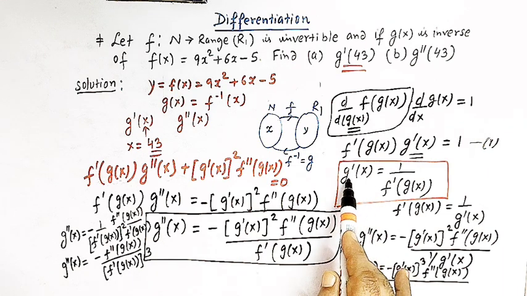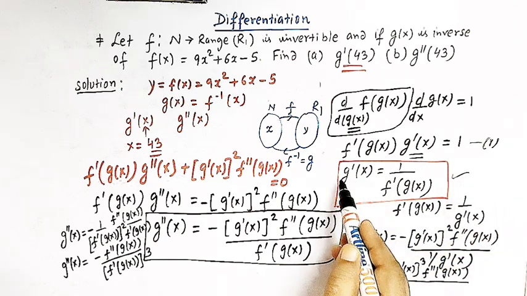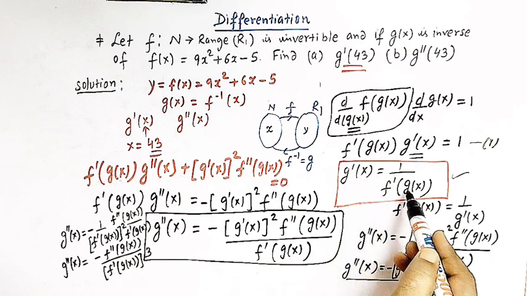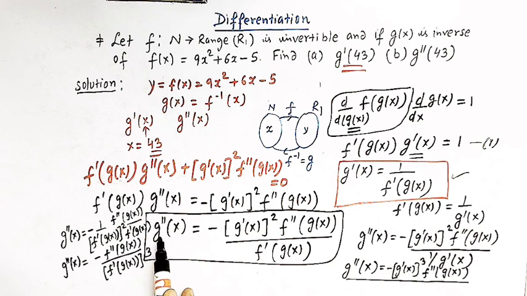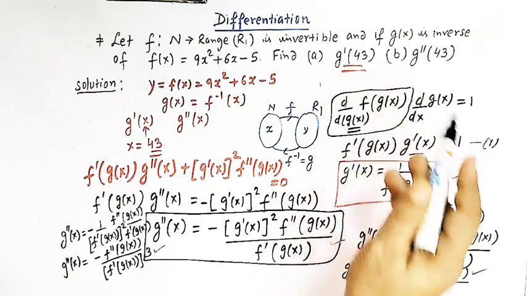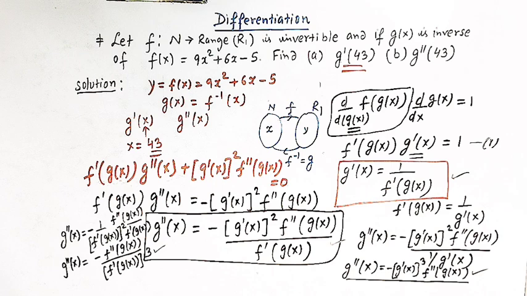The first derivative can be obtained by using this result, that is g prime of x is equal to the reciprocal of f prime of g of x, and the second derivative of g of x can be obtained by using either this result or this result or this result, right? So now let us find out the values of these two expressions using these results.